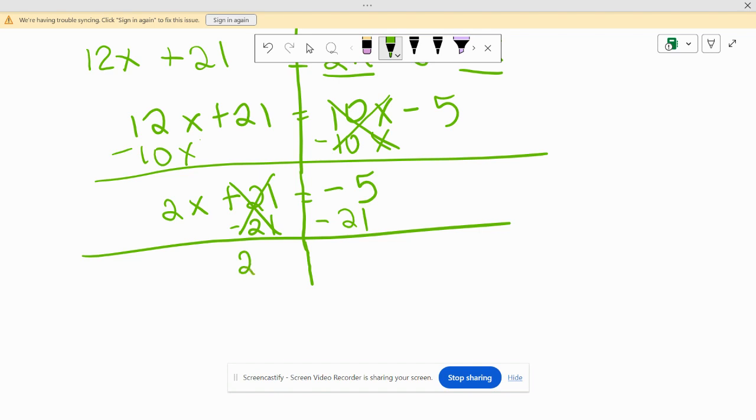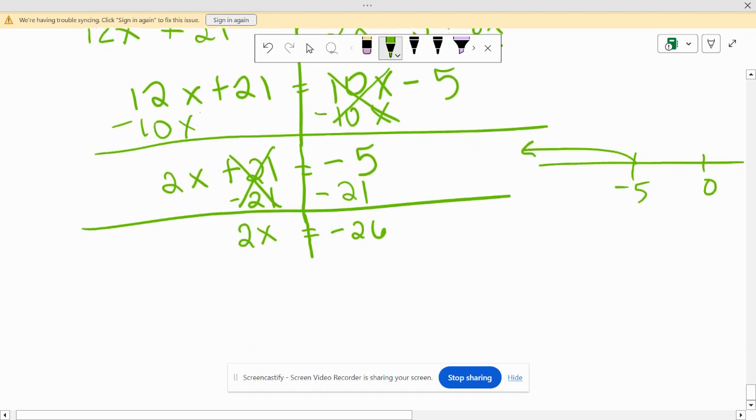I have 2x equals, and now here I'm going to think about this in the number line. If I'm starting at negative 5 and I'm going backwards 21, I'm going to start here and go back 21 more. So that's going to get me to negative 26. And remember, if you're struggling with those integers, check your work with the calculator.